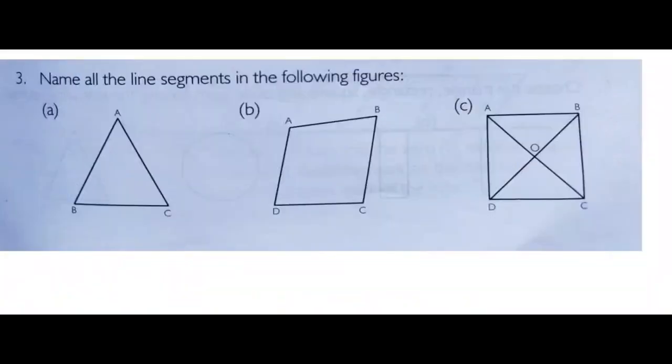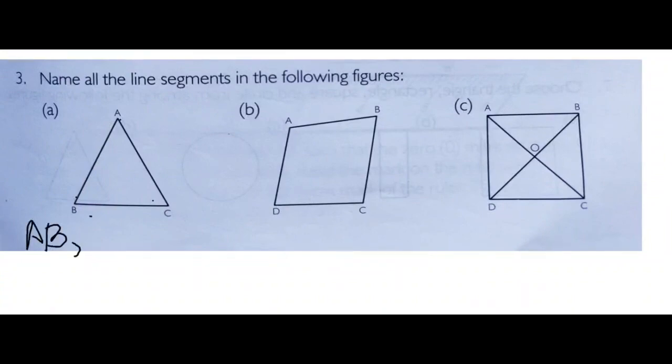Now number 3, name all the line segments. Children, you can see A, B, C is given. In the triangle, you know that a triangle has 3 line segments. So what are the line segments? This first one, what can you name it? It is AB.